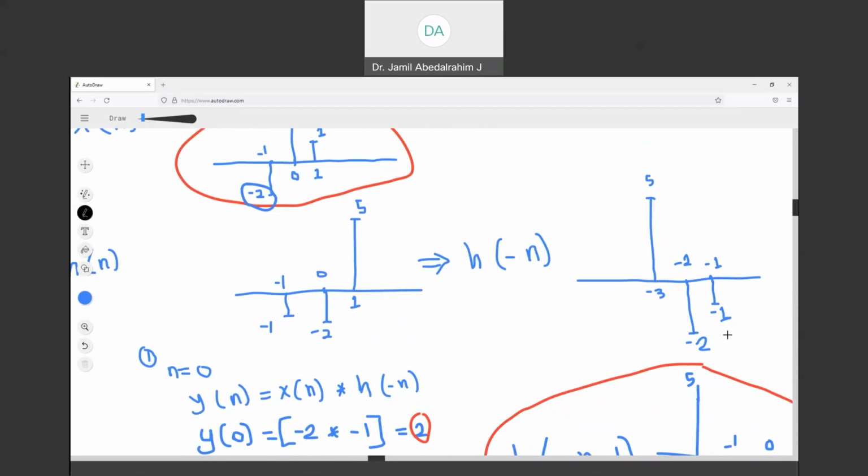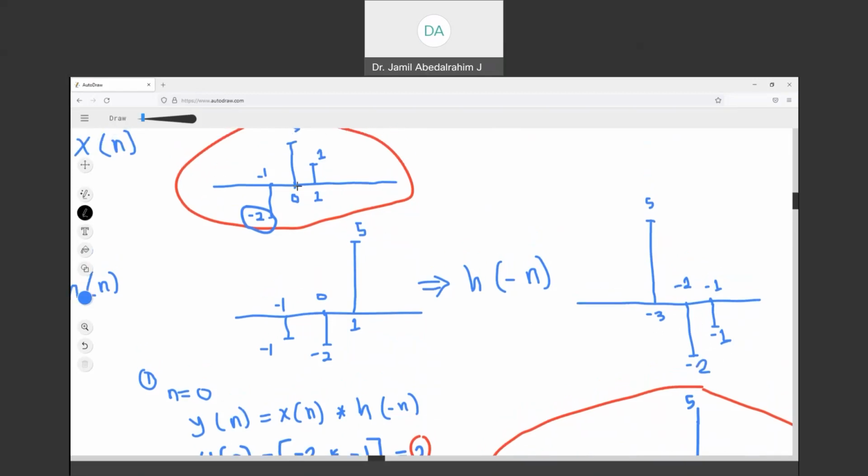Minus 1 will become minus 2. So in total minus 2, minus 3, and minus 4. If you compare with x of n, there are minus 1, 0, and 1. So there is no shared signal. So here we did the shifting and found the 5 values of y of n as requested, without shifting to the left side, only to the right side.